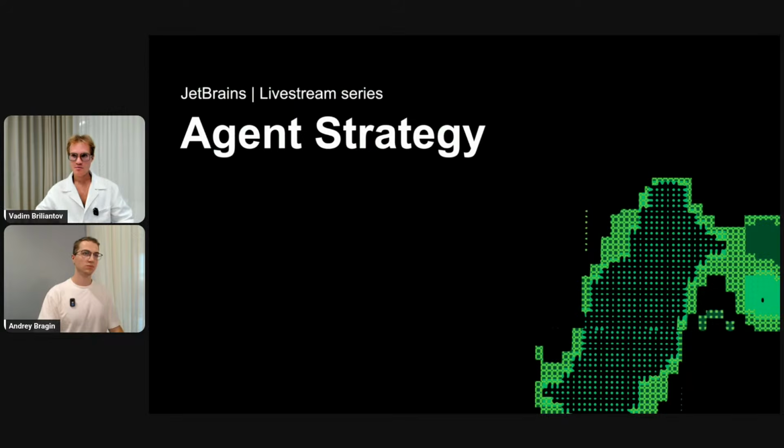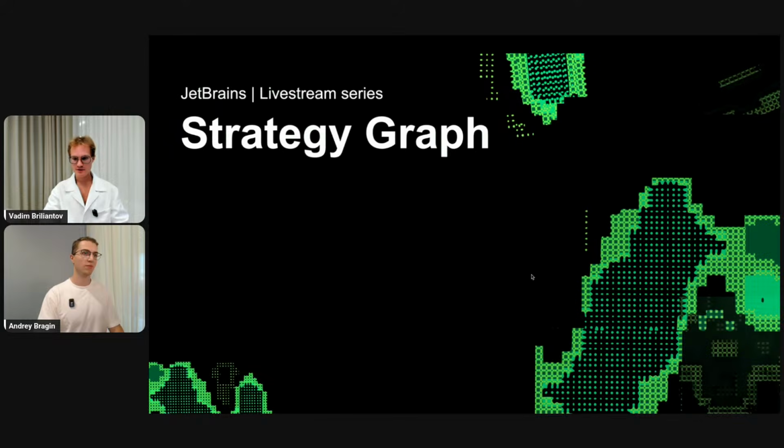And now the final part is about agent strategy. What is agent strategy? As I mentioned, Koog allows you, or in the very nearest future will allow you, to build different types of strategies. But right now, the paradigm that is working great is the graph paradigm. So Koog allows you to build strategy graphs.